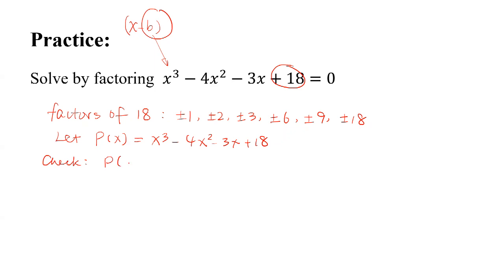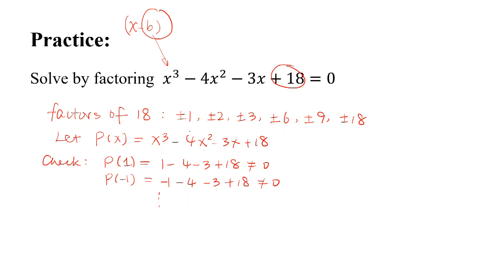So first of all, let's start from the easiest number, which is 1. So P(1) is 1 minus 4 minus 3 plus 18, which is not 0, right? And let's check P(-1). Minus 1 minus 4 minus 3 plus 18, which is not 0 either.